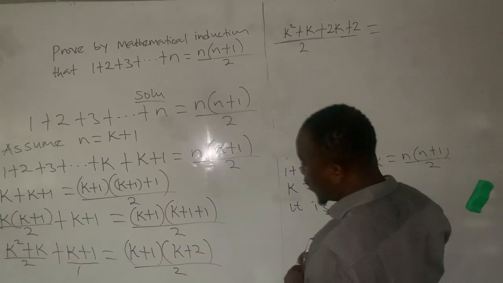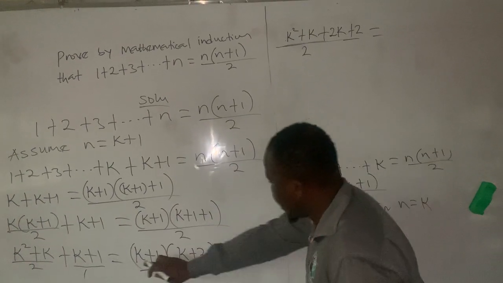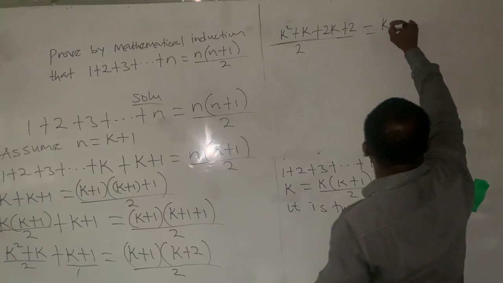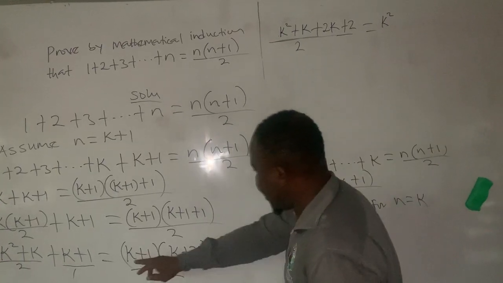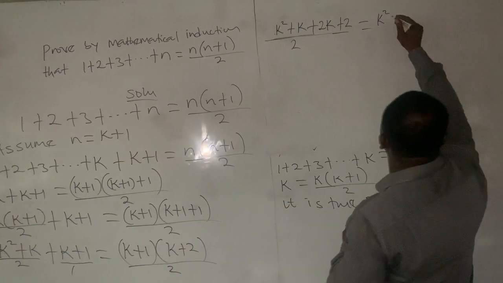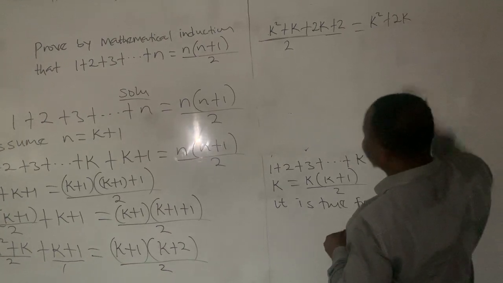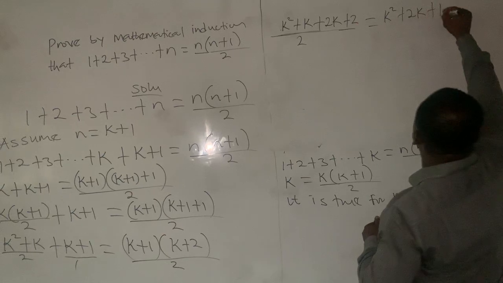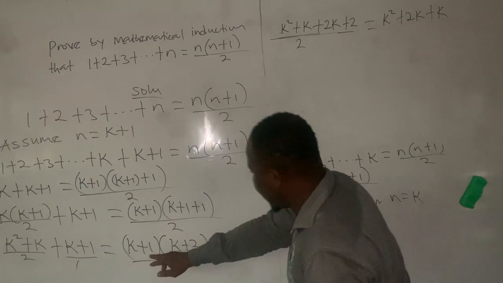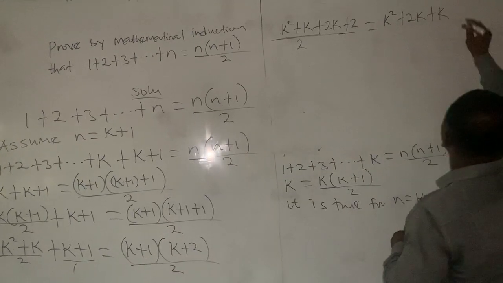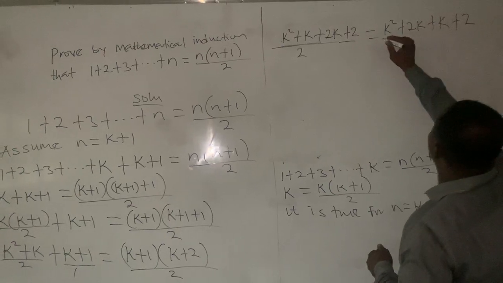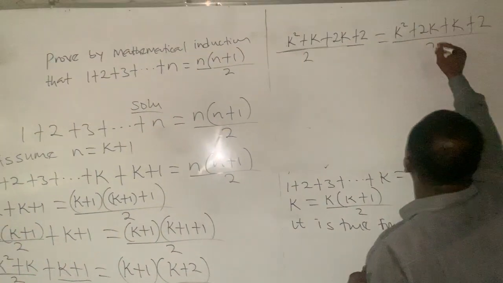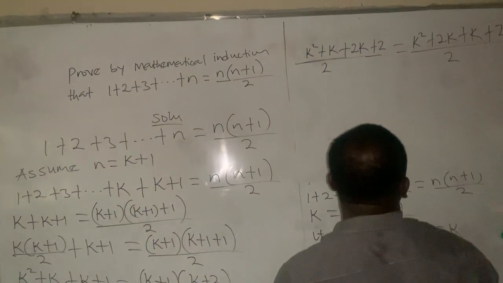If we multiply out, k times k will give us k squared, k times plus 2 will give us plus 2k, 1 times k will give us plus k, and 1 times 2 will give us 2, all over 2.